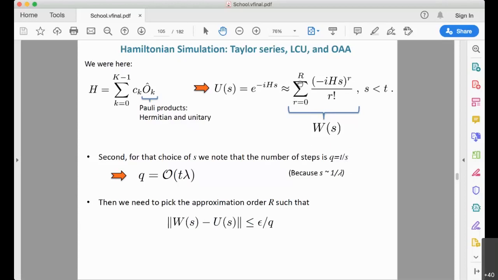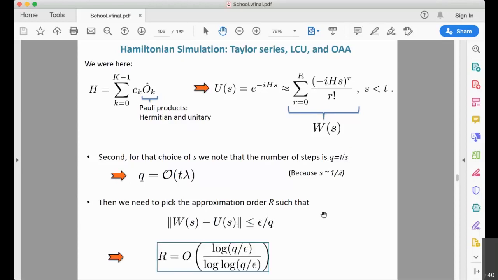Furthermore, I need to pick the order in the approximation such that per segment the approximation error is epsilon over Q. I have Q segments, I use the union bound, so the overall approximation error is going to be epsilon. This tells me that the order where I have to put a cutoff in the Taylor series has to depend logarithmically on 1 over epsilon.